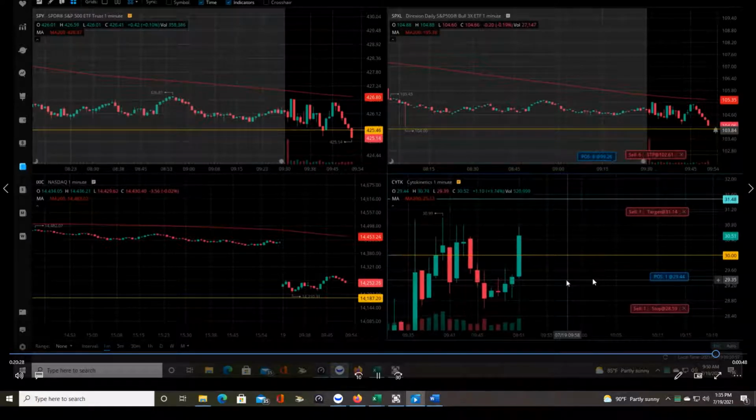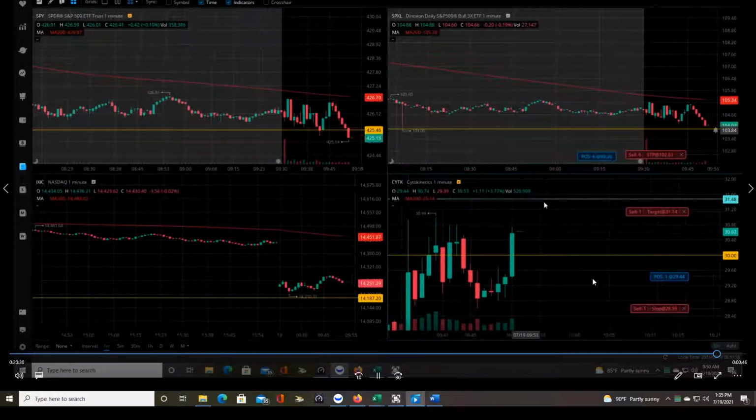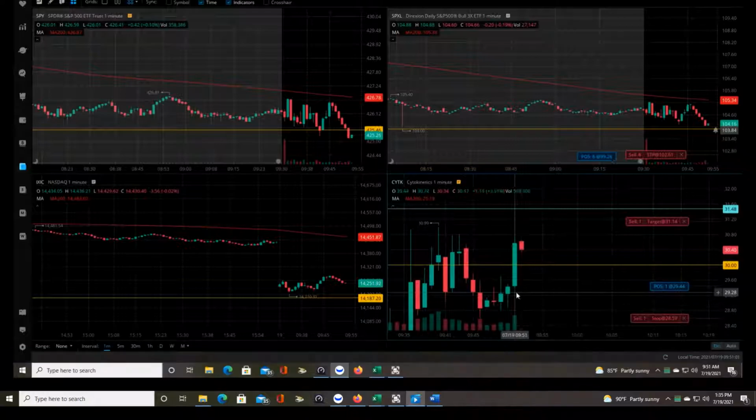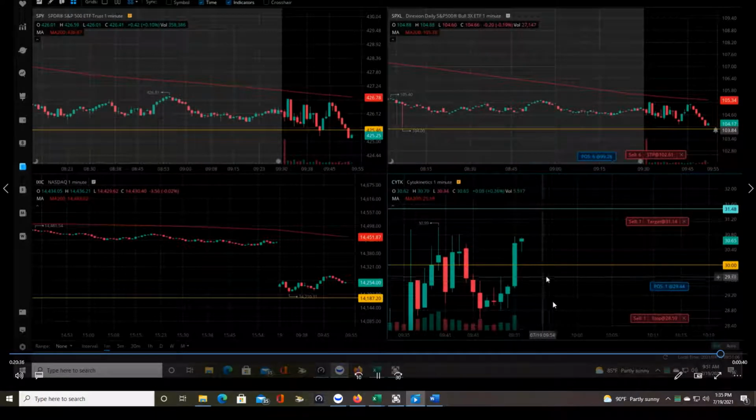Do I pull it down or do I just let it hit my 2-hour profit target? Well, my plan doesn't allow me to pull it down. I have to hold until my 2-hour profit target. It doesn't matter that there's a red candle forming.